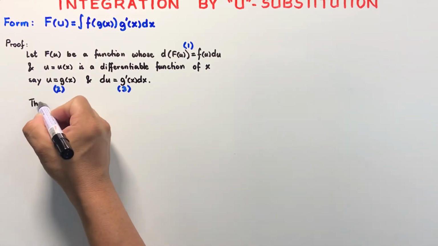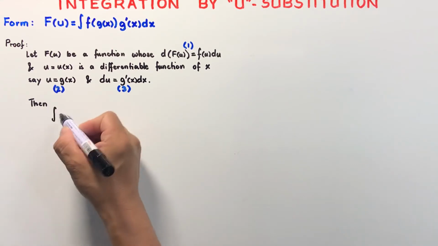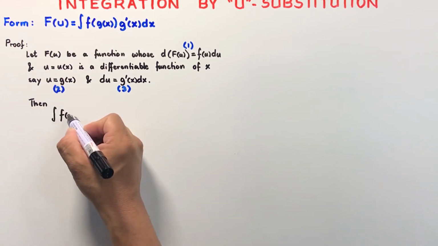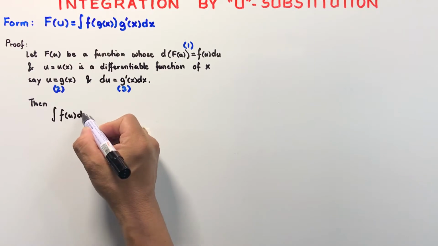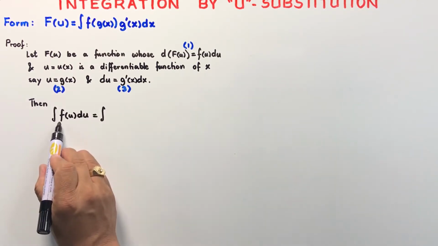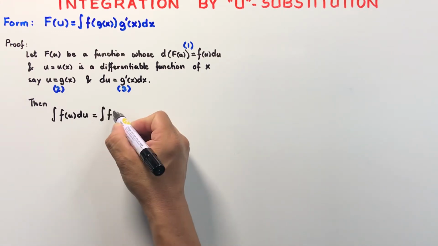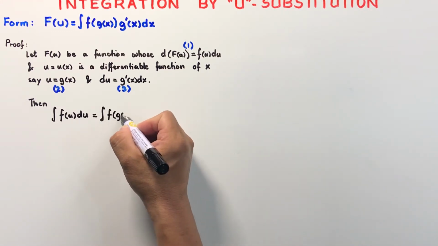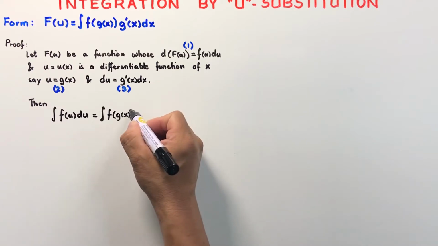Then we say that the integral of our small f of u du is just equal to the integral of the composition of f and u, where u is some function of x, say g of x.